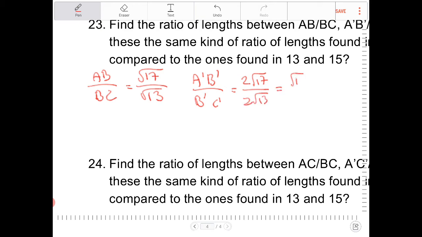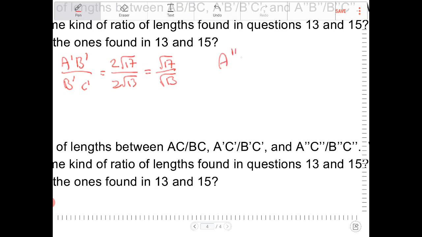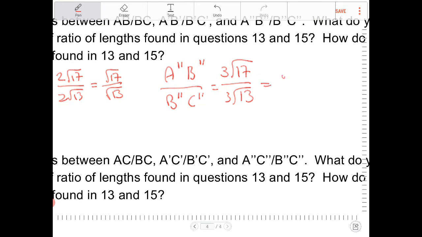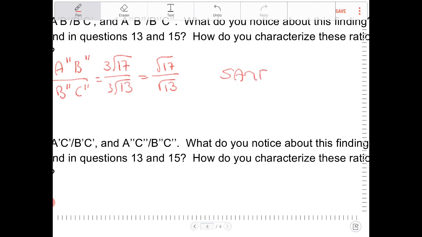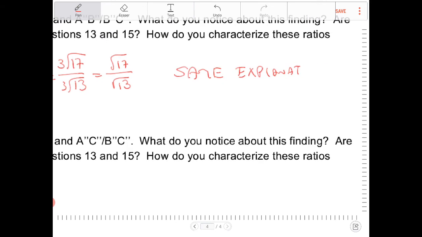And this is again square root of 17 over square root of 13. And A double prime B double prime to B double prime C double prime: 3 square root of 17 over 3 square root of 13, which is again square root of 17 over square root of 13. So it's the same explanation as before, as the previous question.